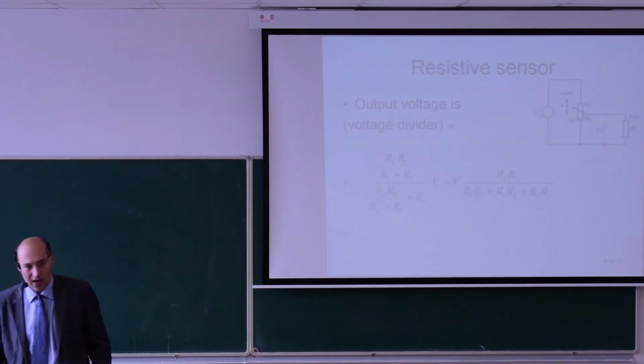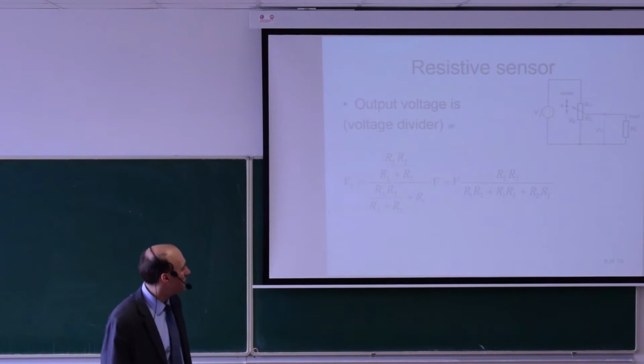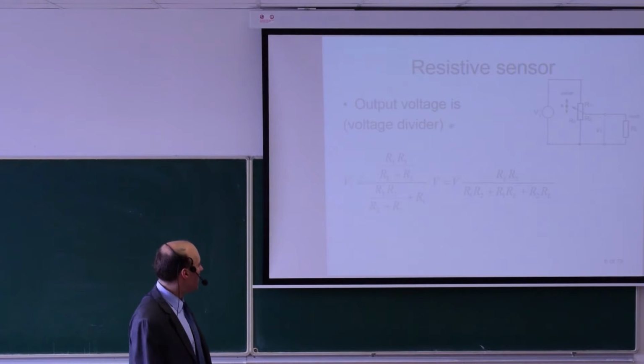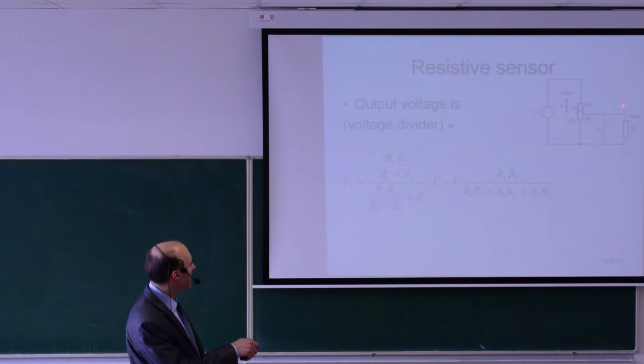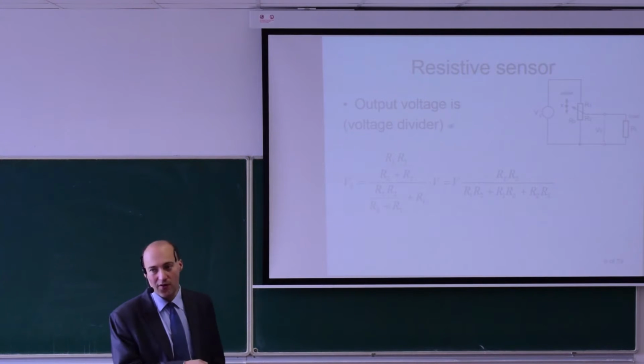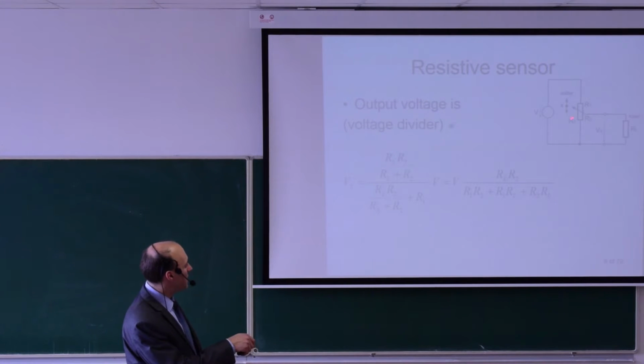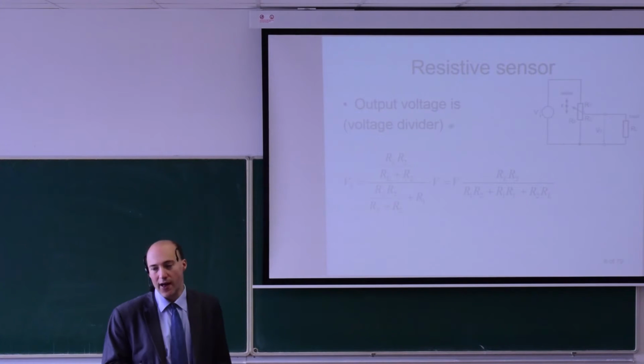Now, if we analyze the voltage divider connection, we may derive these equations. Here, the output voltage, V2, equals V, the power supply voltage, times this resistance. This resistance is R2 in parallel to RL.